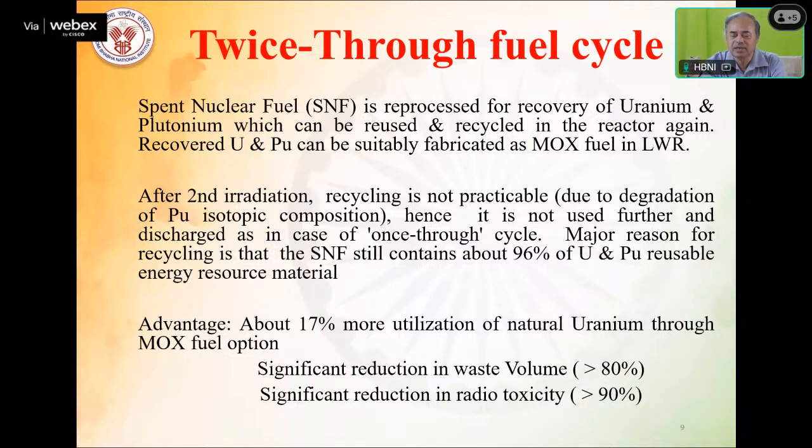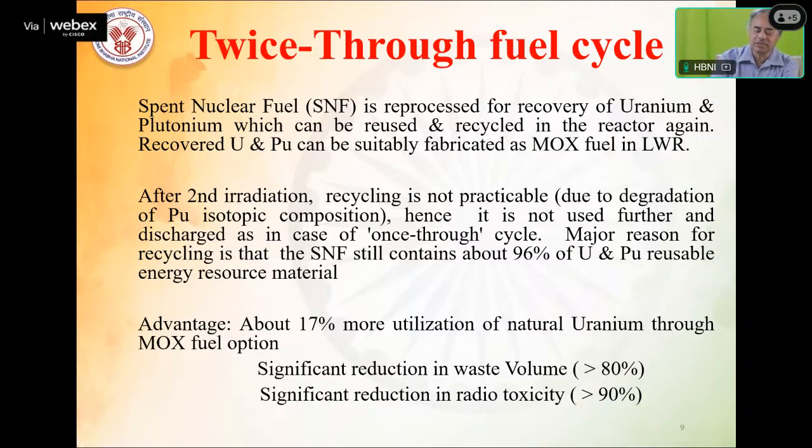The fuel you are recycling at least once, so it becomes twice. And the major reason for recycling is that the SNF still contains 96% uranium, and plutonium also. That is reusable energy source material.